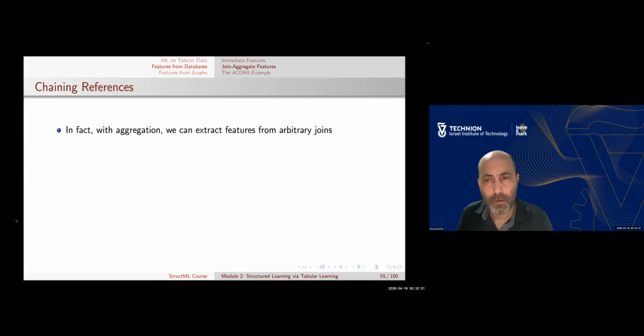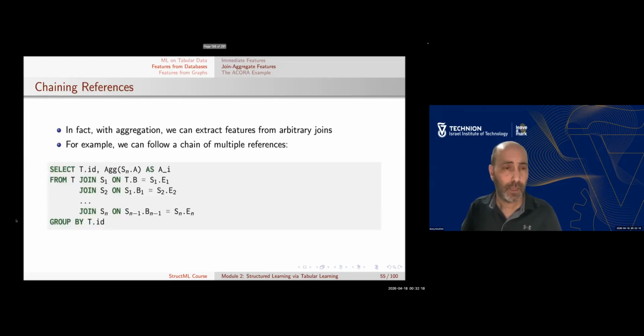Okay. Now, with this tool, we basically can essentially get arbitrary information from the database because now we can apply whatever joins we want and then choose whatever attribute that we want and we can apply an aggregation, and that's all.